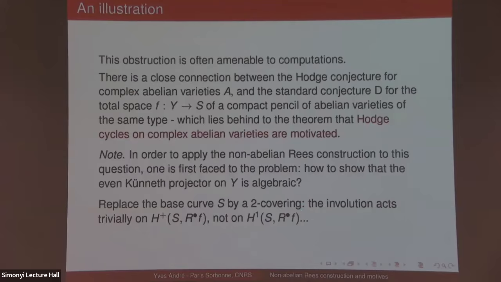This is a trick, but it works. So one should not stick to the sign conjecture on A; we can replace it. This is the way you can bypass it.